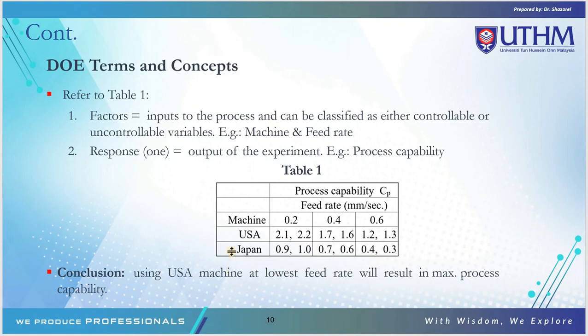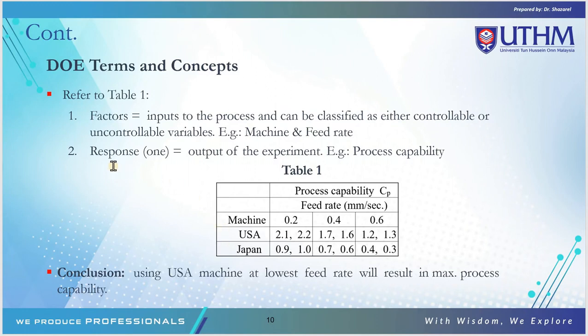Another factor is the type of machine. We have two types here, USA and Japan. Here we cannot control the level, we just have the type of the machine, so it is uncontrollable. This is one example to differentiate the controllable and uncontrollable factors.